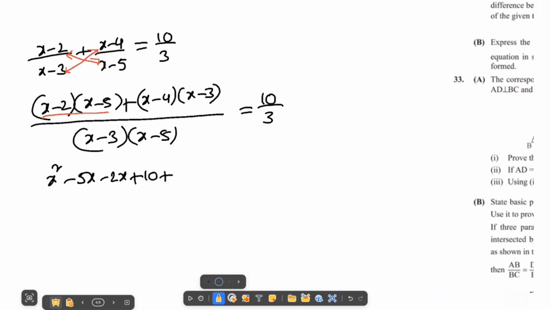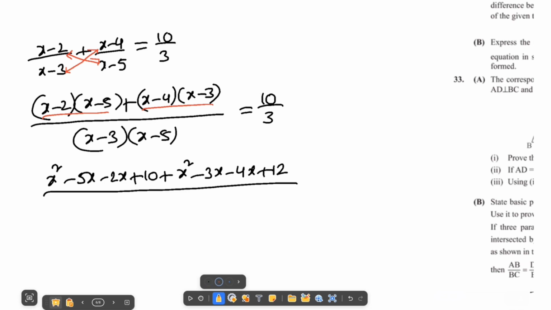Next here multiply these two: x into x, x square; x into minus 3, minus 3x; minus 4 into x, minus 4x; minus 4 into minus 3, plus 12, whole by, so multiply the denominators these two: x into x, x square; x into minus 5, minus 5x; minus 3 into x, minus 3x; minus 3 into minus 5, plus 15, equals 10 by 3.